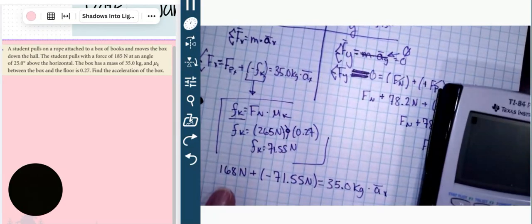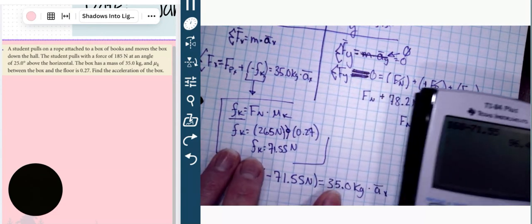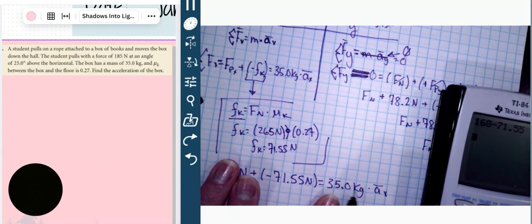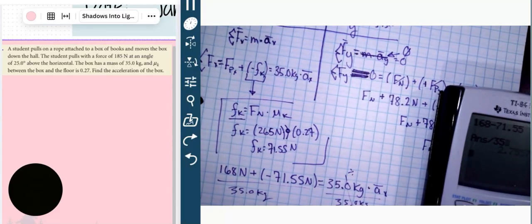Alright, so I'm going to take 168 minus 71.55, and I get 96.45 over on this side, and then because this is multiplication I have to do the opposite, which is division, so I'm going to divide by 35.0 kilograms. Okay, and I wanted to show you the units.